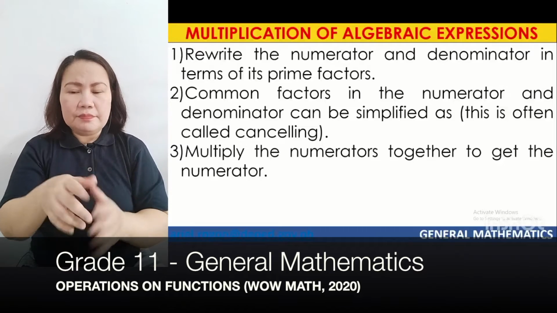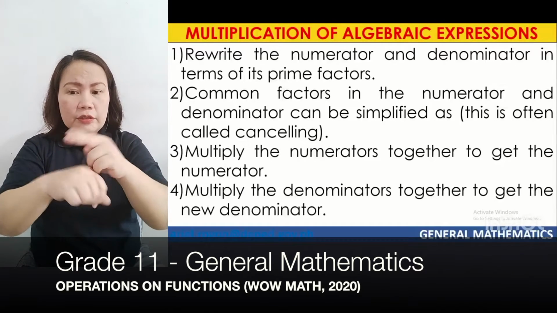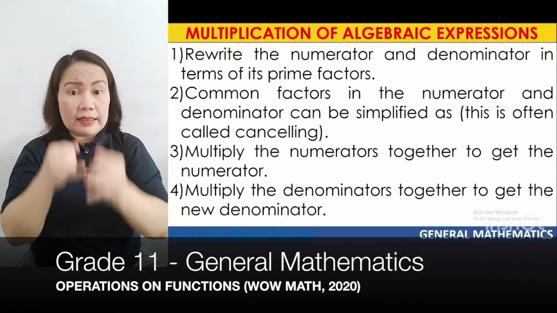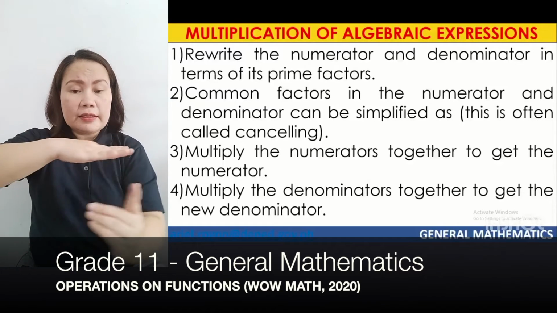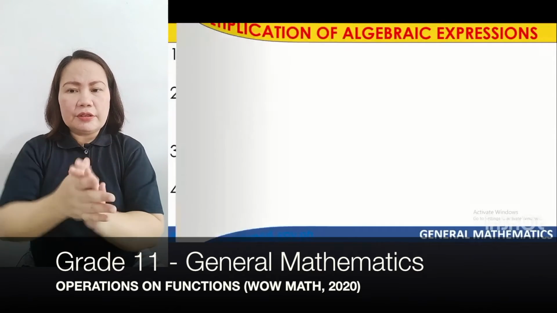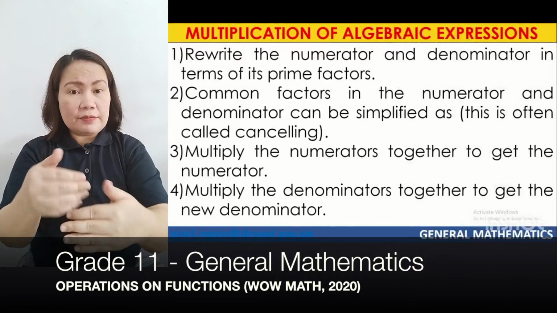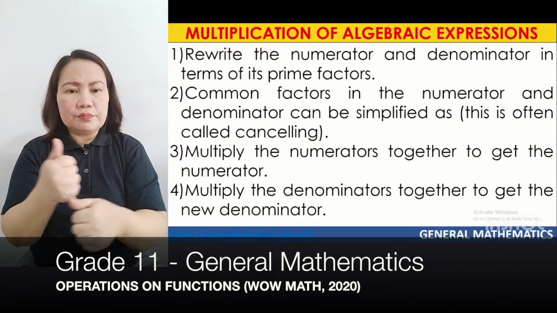Multiply the numerators together to get the numerator. And lastly, multiply the denominator together to get the new denominator. So, yan yung apat na susundan natin kapag nagmumultiply tayo ng algebraic expression.